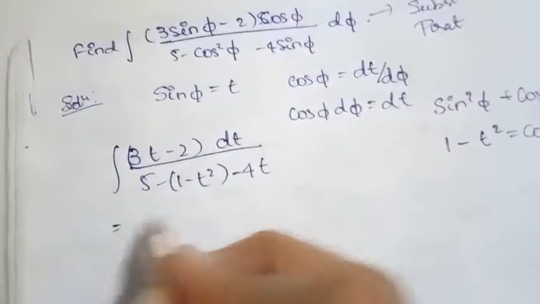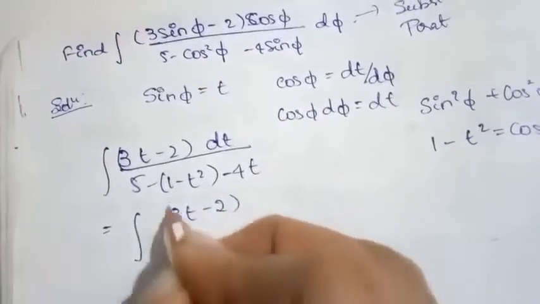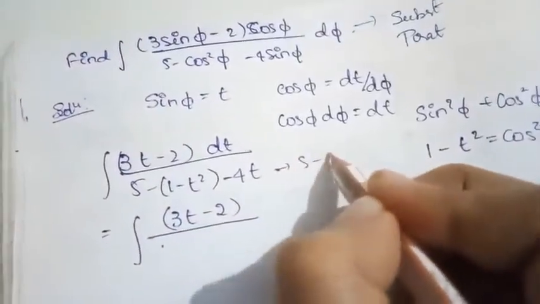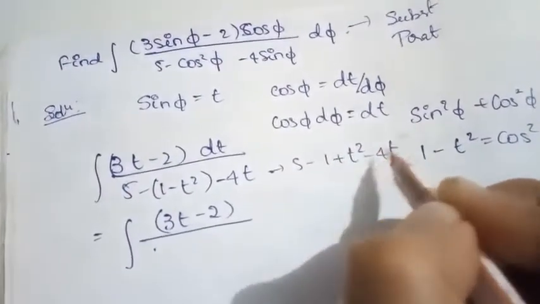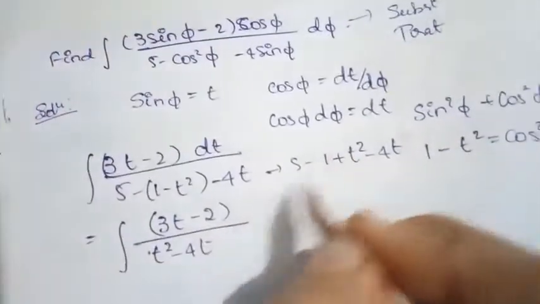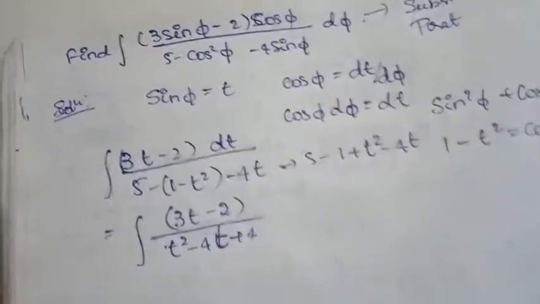So what happens? This is equal to integration of 3t minus 2 divided by, what happens here? 5 minus 5 into minus plus 5t square minus 4t. So what happens? 5t square minus 4t, 5 minus 5, it is plus 4. So t square minus 4t plus 4.